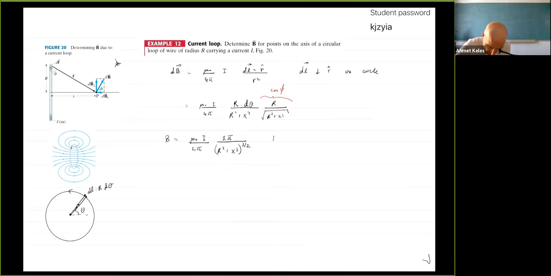And the direction is to the right. And maybe I can even simplify. The 2 pi over 4 pi is going to be 1 over 2.